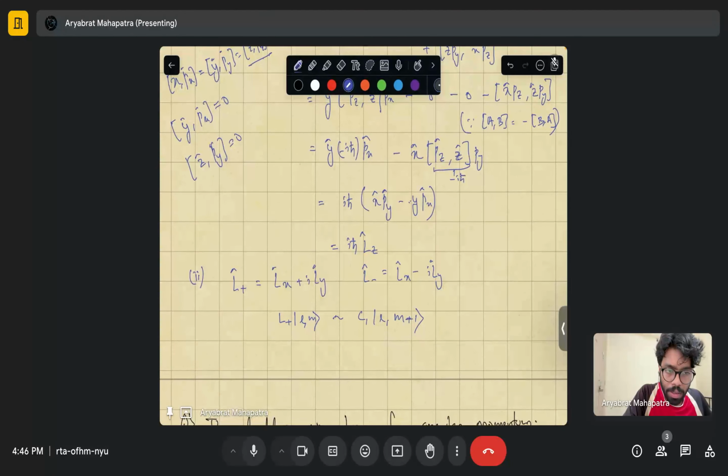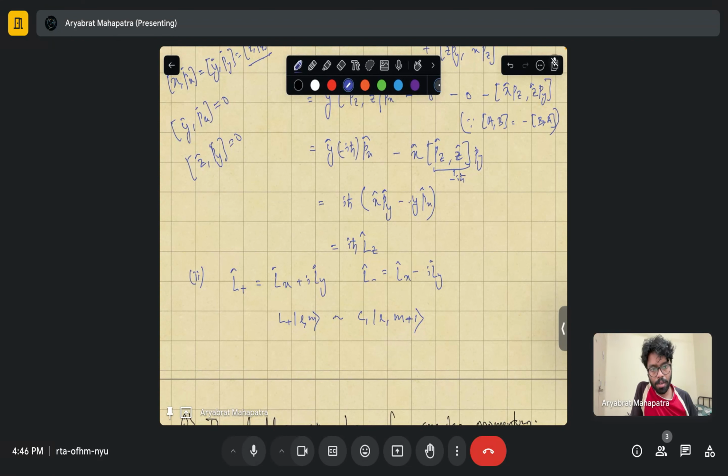So in the ladder operator, we have written that L plus, when acting on L m, gives me L m plus 1. So in the angular momentum subspace, the norm L is conserved, but the associated quantum number is increasing.